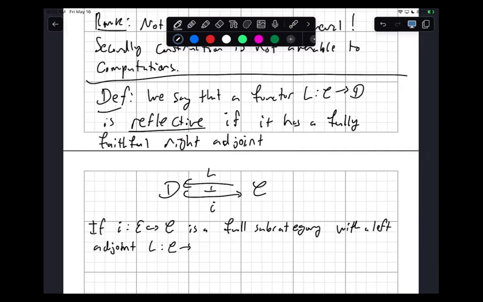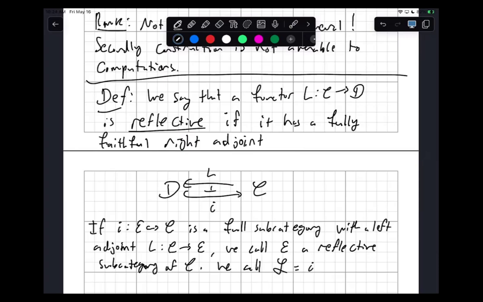So if that has a right adjoint, we call E a reflective subcategory. We call curly L, which is I after L, the localizer.